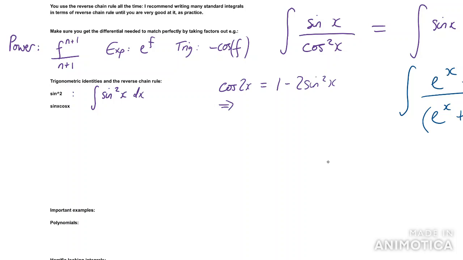So whenever you see a sine squared or a cos squared, you want to rewrite it in terms of cos 2x. So that will be 1 minus cos 2x, sorry, over 2.